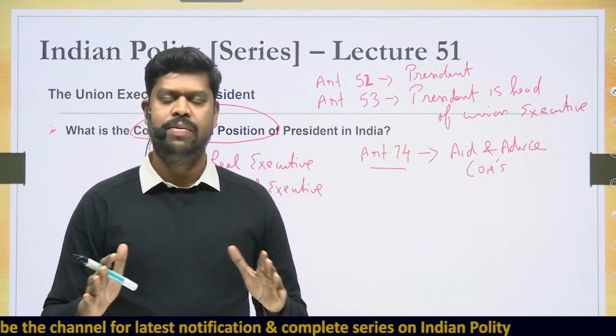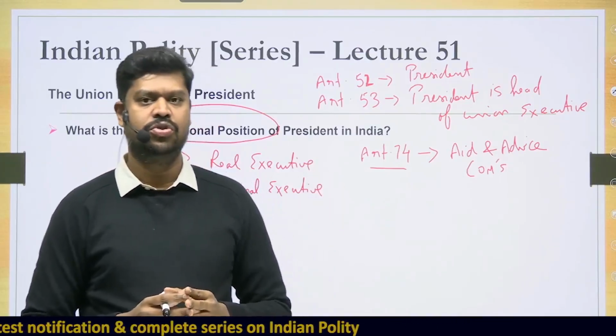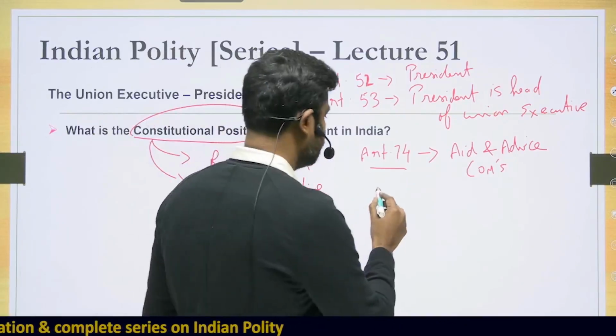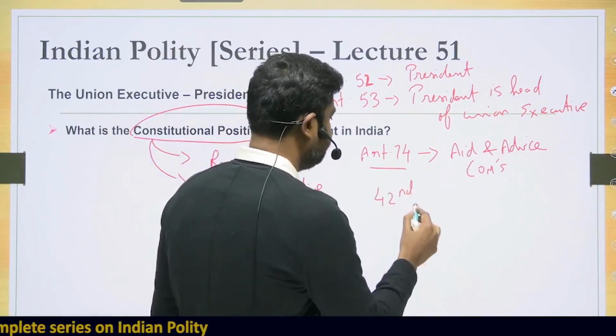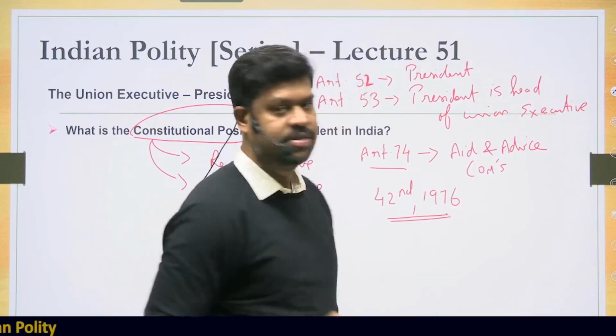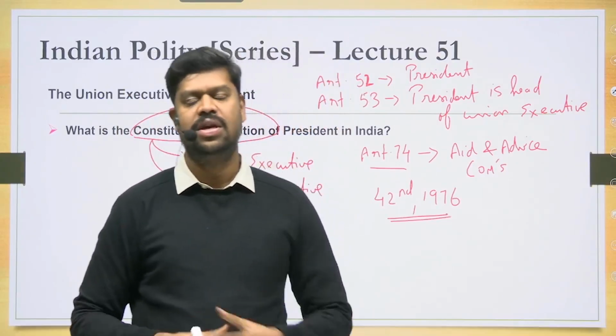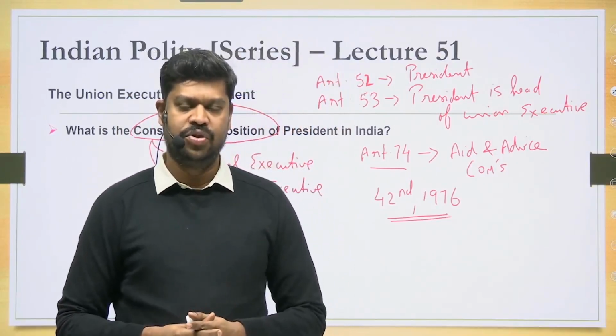But what was settled by the court was again explicitly put into the Constitution by way of the 42nd Constitutional Amendment Act 1976, which was made when the Prime Minister of India was Indira Gandhi.